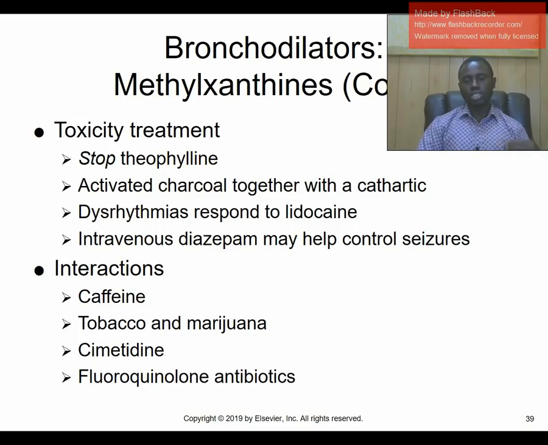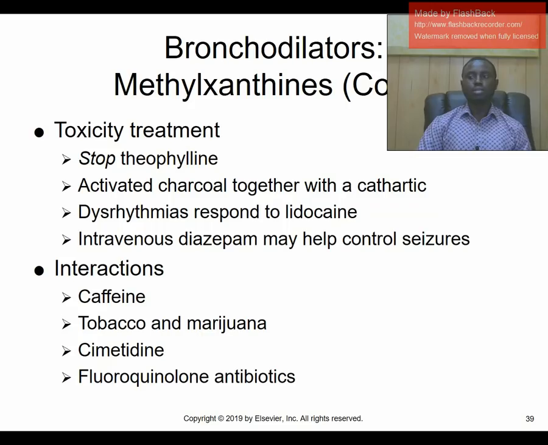Caffeine also interacts with theophylline because it exacerbates the toxic effects, which include the restlessness and the cardiac symptoms, and this can also cause tachycardia. The use of tobacco and marijuana is also prohibited because it can interact with the medication by increasing the side effects.